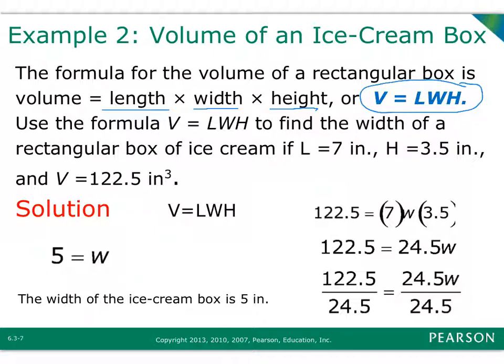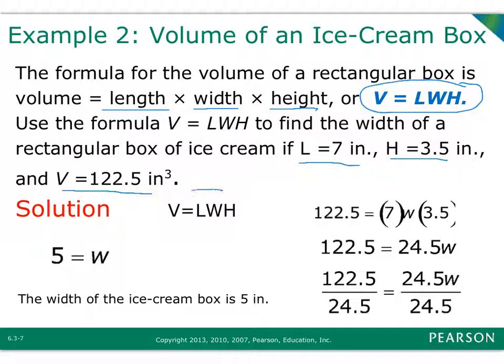So we use this formula to find the width of a rectangular box of ice cream, if the length is 7 inches, the height is 3.5 inches, and the volume is 122.5 cubic inches, a rather big box of ice cream, I might say. The question is how do we find W?